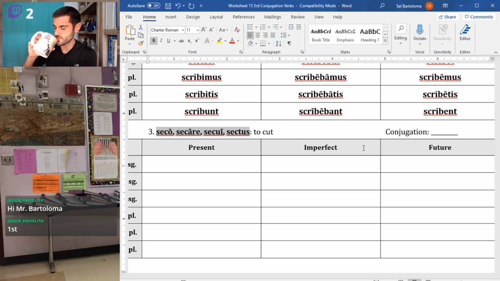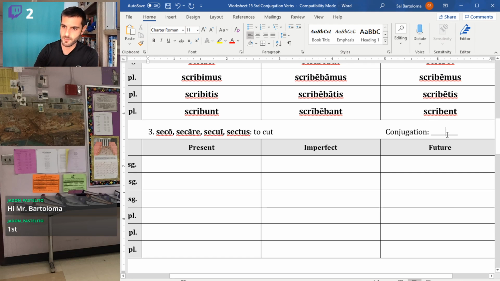It is first conjugation, Jaden. So we're going to take everything we learned today about third conjugation and we're going to throw it out the window. So, Jaden, how would I conjugate this verb in the present tense? Good old first conjugation. Nice long a. How do I conjugate that verb?